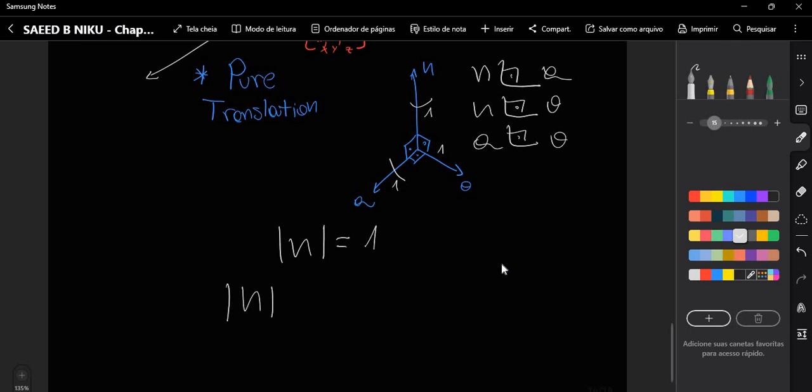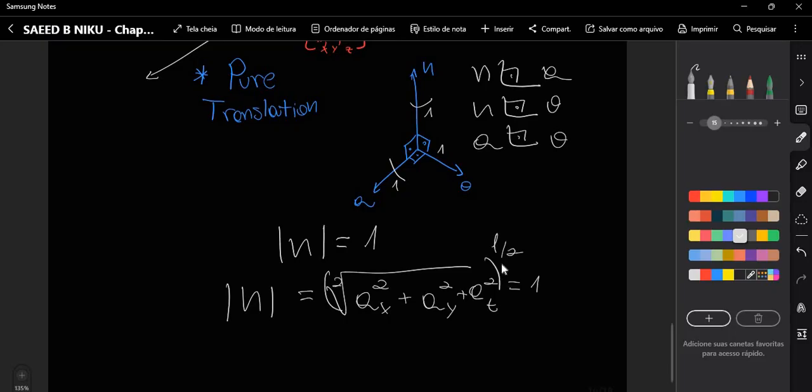When you measure the length of a vector, the process is this: you take the square root of the sum of the squares of the terms, and when we eliminate the exponent, we are left with the following.